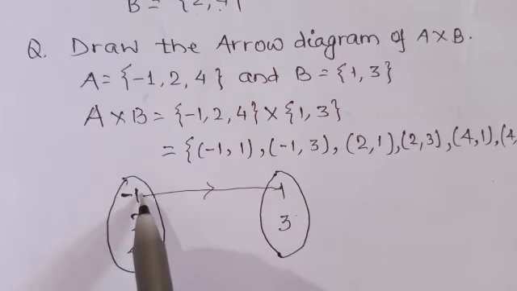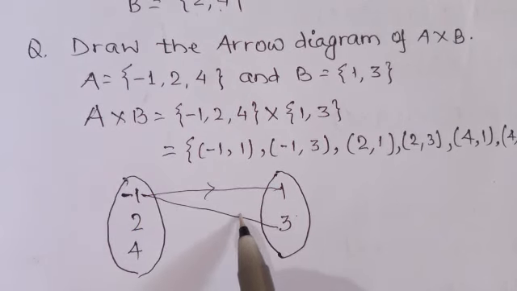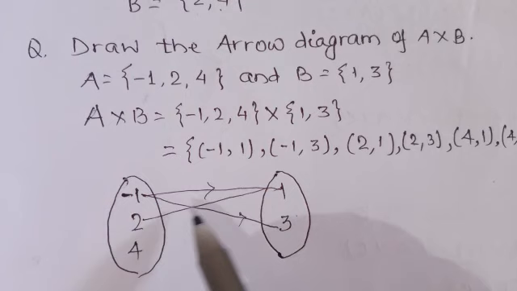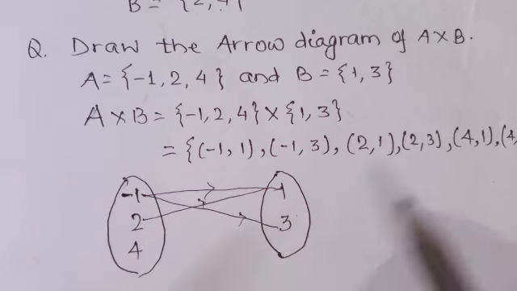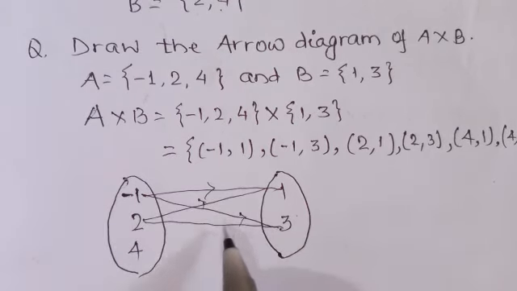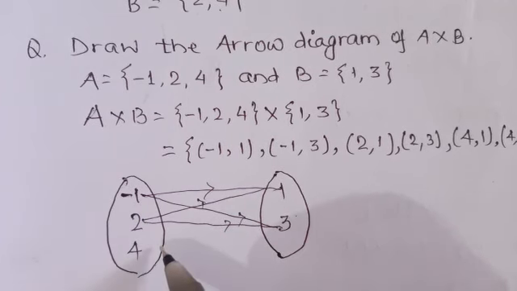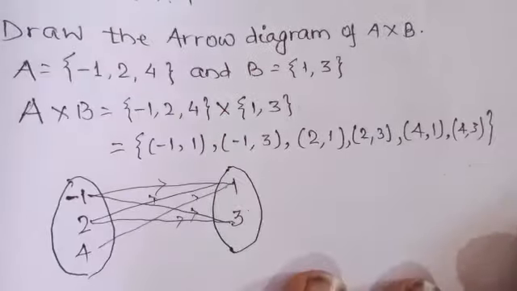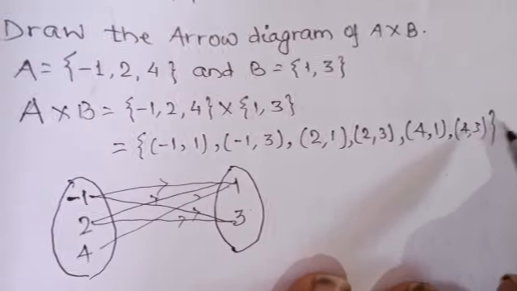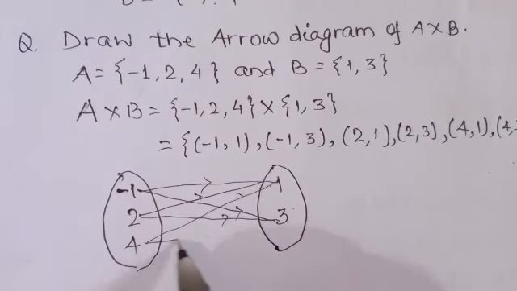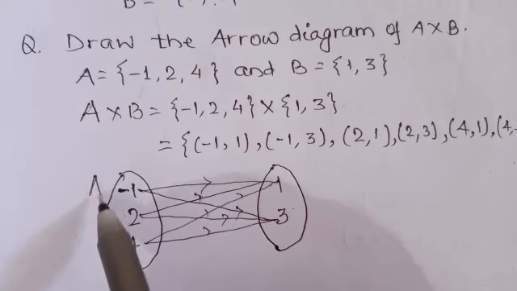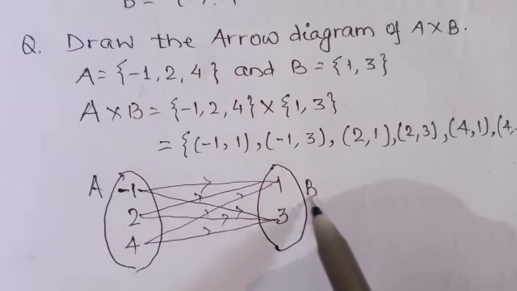Then -1 to 3, this is another. 2 to 1, then 2 to 3. Similarly 4 to 1 and finally 4 to 3. This is the arrow diagram of A cross B.